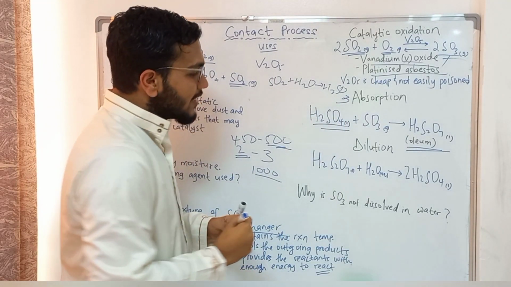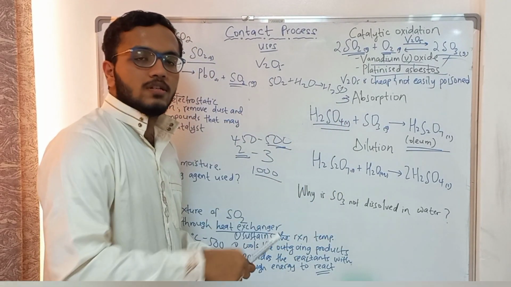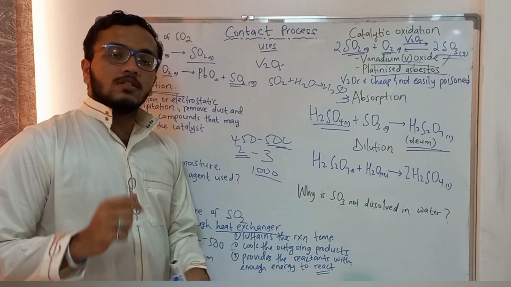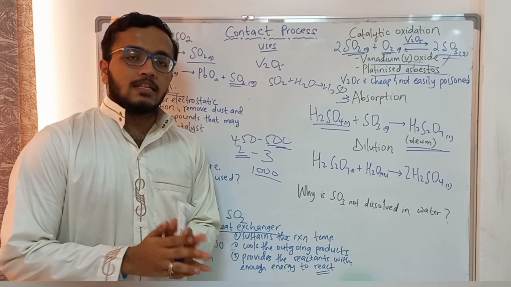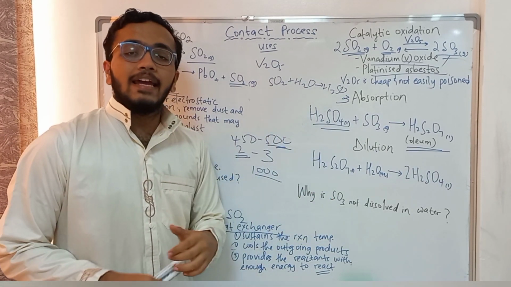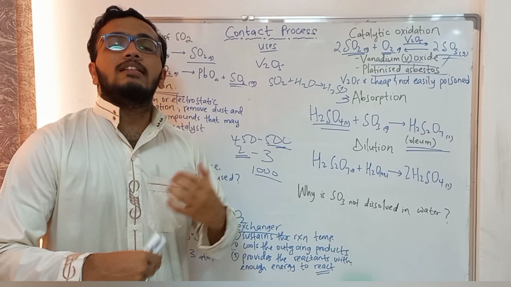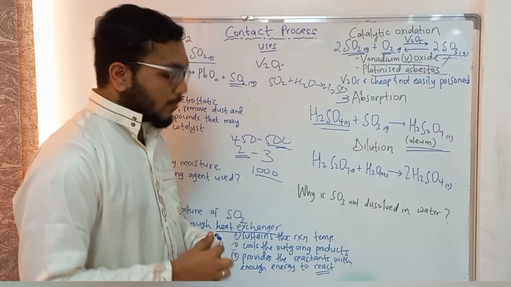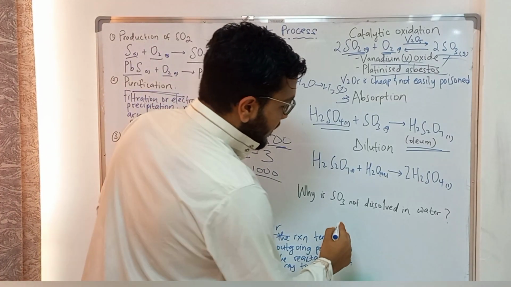So why is sulfur 6 oxide not dissolved in water to form sulfuric 6 acid? The explanation for this is that the reaction of SO3 with water is highly exothermic, meaning that it gives out a lot of heat that will lead to vaporization of the moisture.